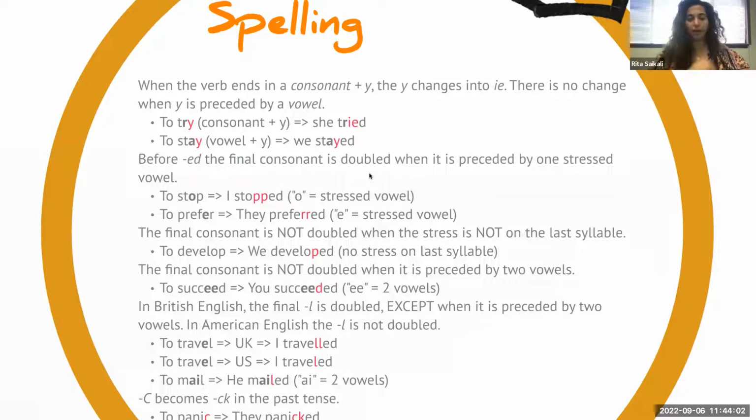Okay, so before ED, the final consonant is doubled when it is preceded by one stressed vowel. What that means is that if there is an emphasis on the vowel right before the consonant, you add that letter again.